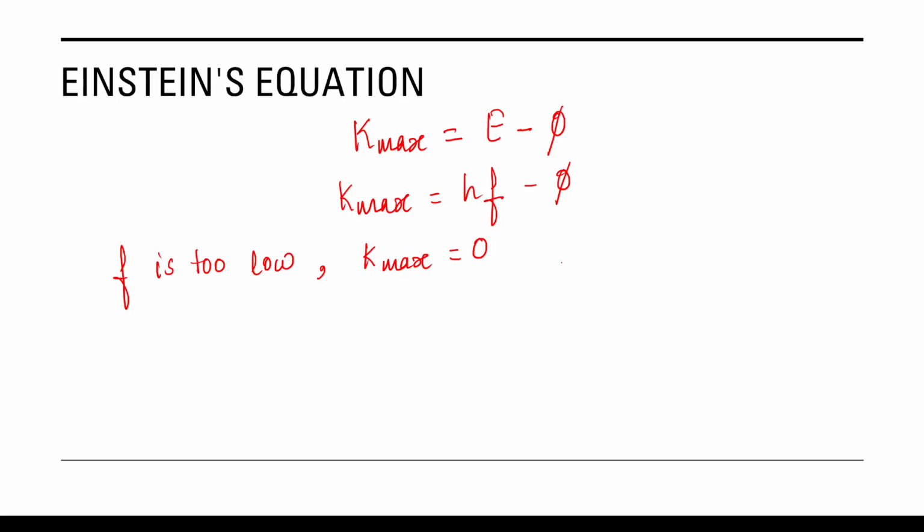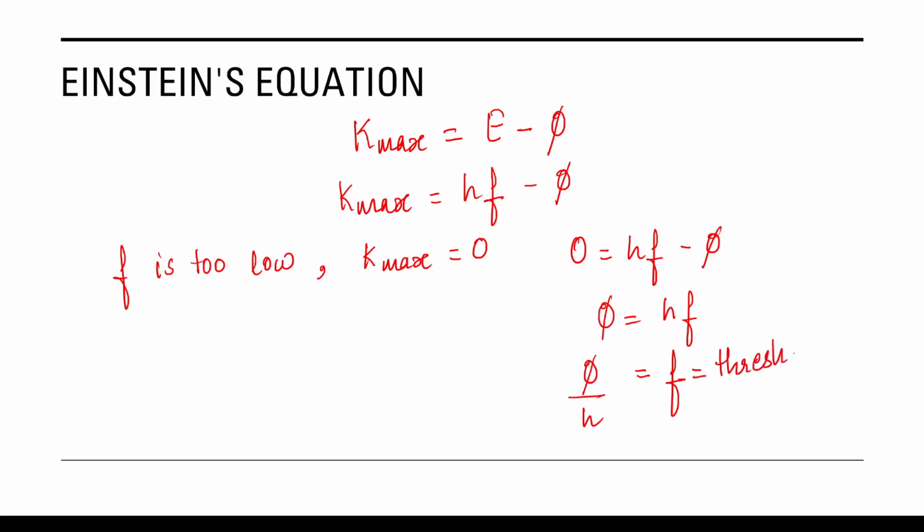And I'm taking that, so if I write 0 equals hf minus work function, the frequency that you calculate from the work function is called the threshold frequency. If you give any metal a frequency less than this frequency, what would happen?